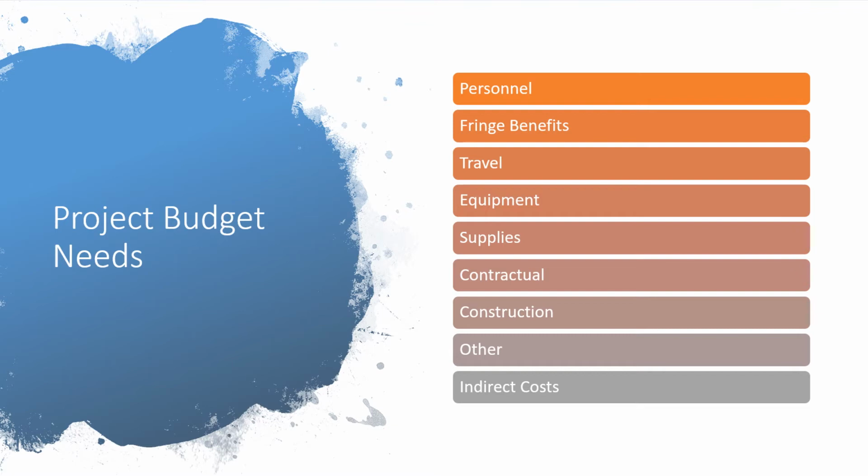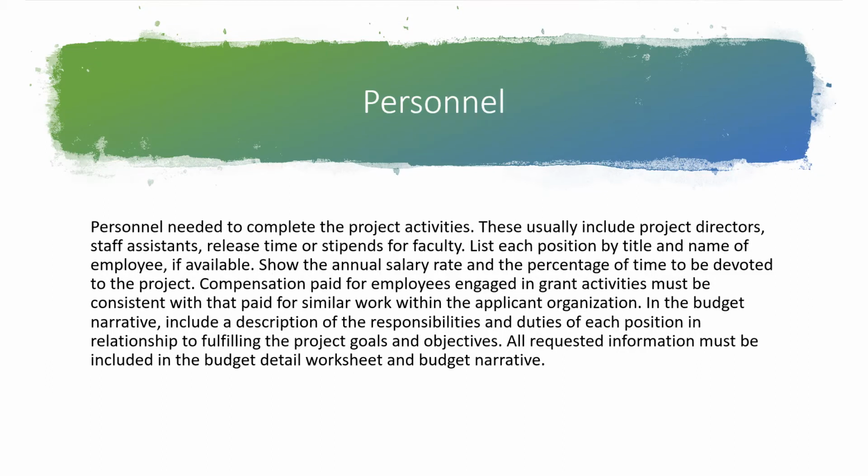So personnel through other are all considered direct costs. Those are costs it takes directly to run the study. And indirect costs, we'll talk about, are funds that don't go directly to the people running the study, but go to the institution or agency that's hosting you while you're doing that study.